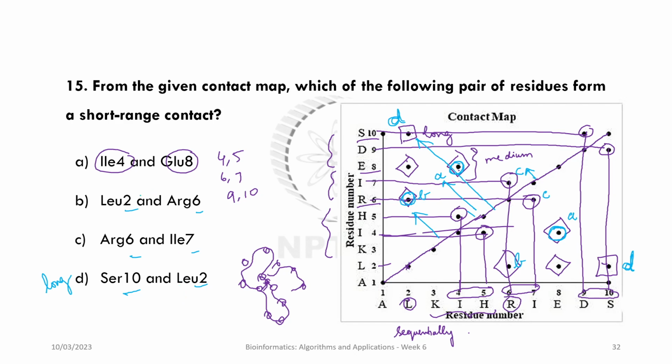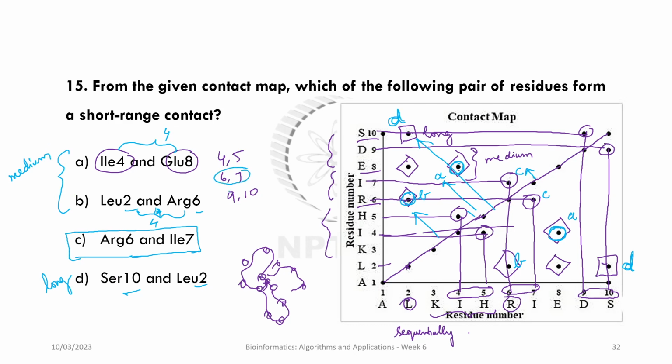The other two, 4 and 8, 2 and 6, are similarly distanced, because there are 4 residues here and another 4 residues here, right? So both I'm going to call medium range contact. So that leaves you with only 6 and 7.